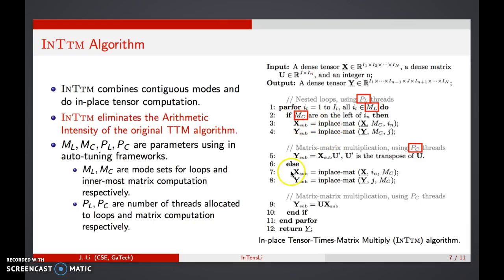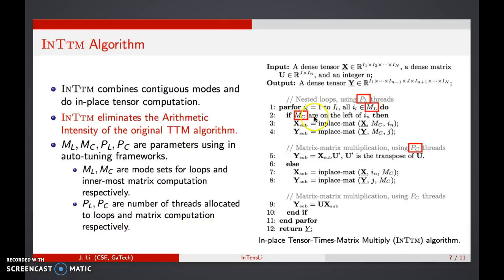This if and else are two situations for different strategies. At the same time, we need a bunch of loops outside the matrix multiplication kernel. So our InTTM algorithm eliminates the arithmetic intensity of the original TTM algorithm.